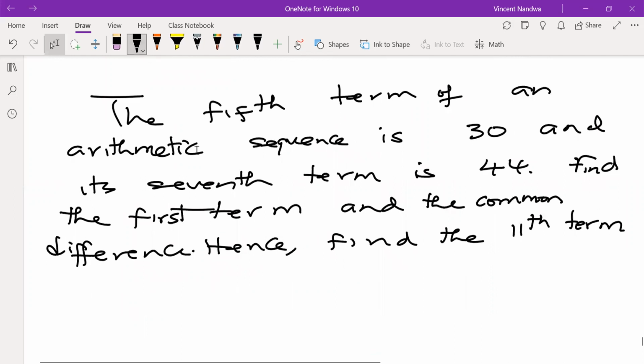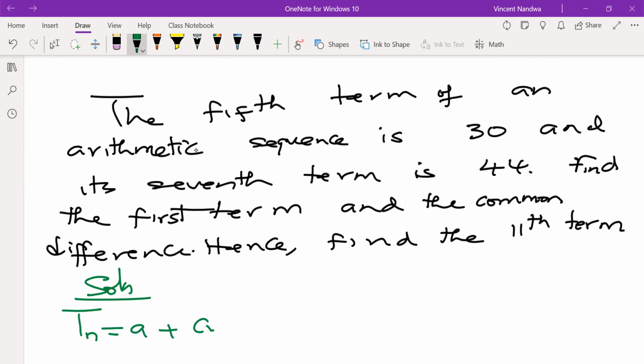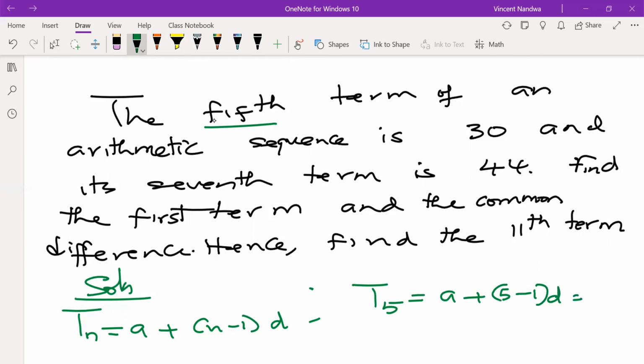So this question is testing arithmetic sequences, and we know that the nth term for an arithmetic sequence is a plus n minus 1 times d. So when you say 5th term, we mean n is 5. So T5 will be a plus 5 minus 1 times d, and we should get 30.